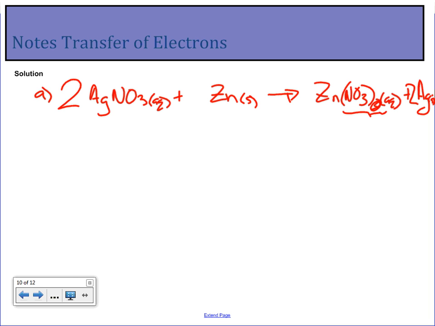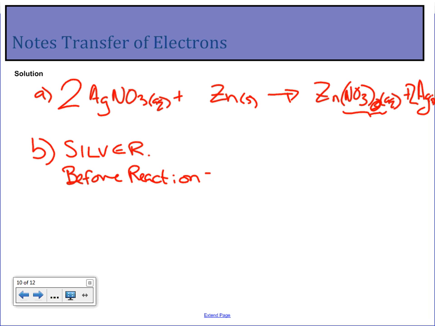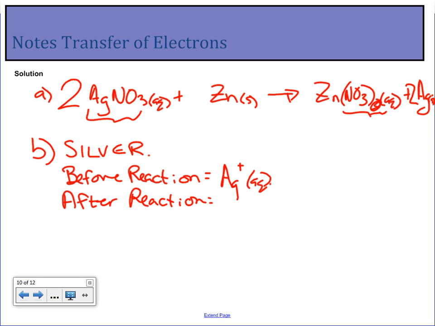Now if we look here for B, let's look at the silver. Okay, so before the reaction, it is in an ionic compound, which means that it is the cation, okay, in solution. But after the reaction, oh, sorry, this should be Ag, is a solid silver metal. Okay, so with no charge. So since the silver started as a silver ion and became a pure metal atom, it must have gained an electron.